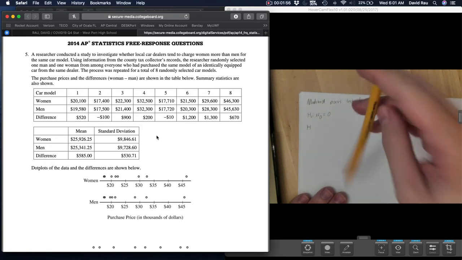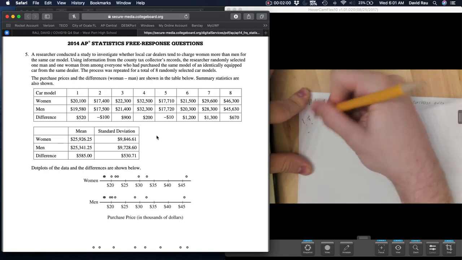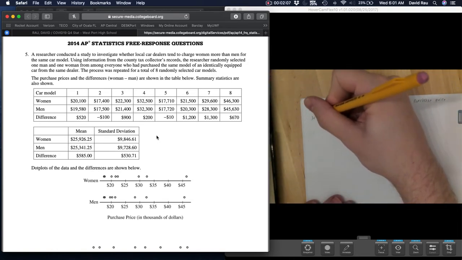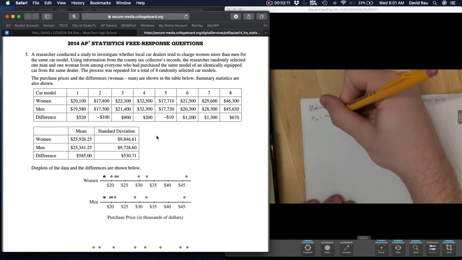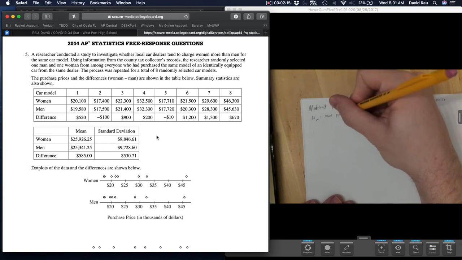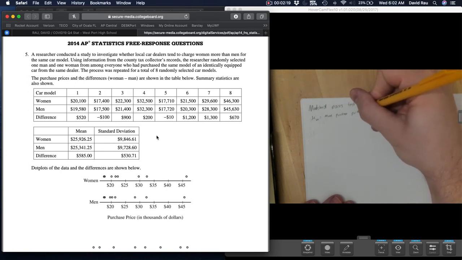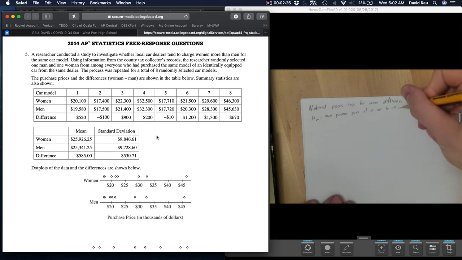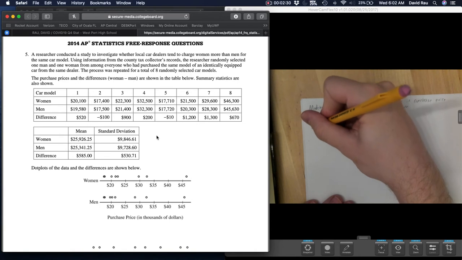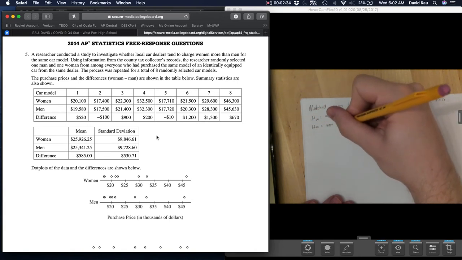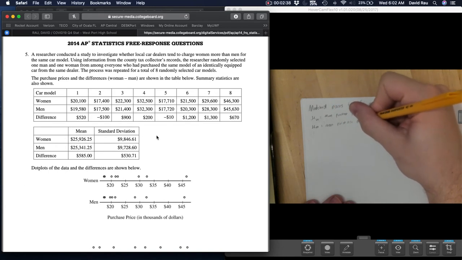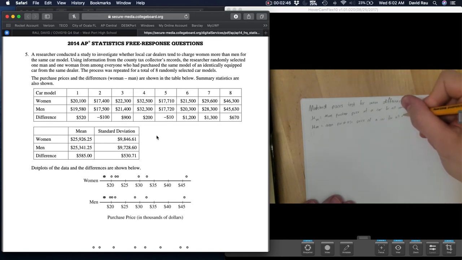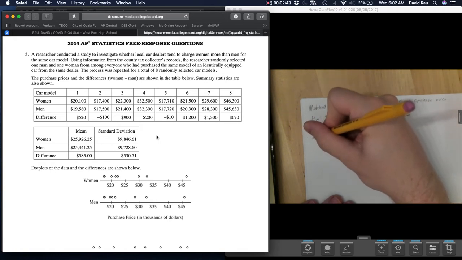And we should also define it like this: mu_W is the mean purchase price of a car for all women, and mu_M is the mean purchase price of a car for all men. And we'll do the mean difference.